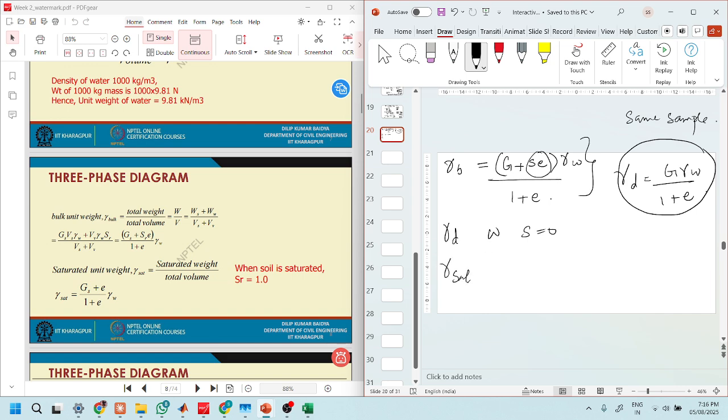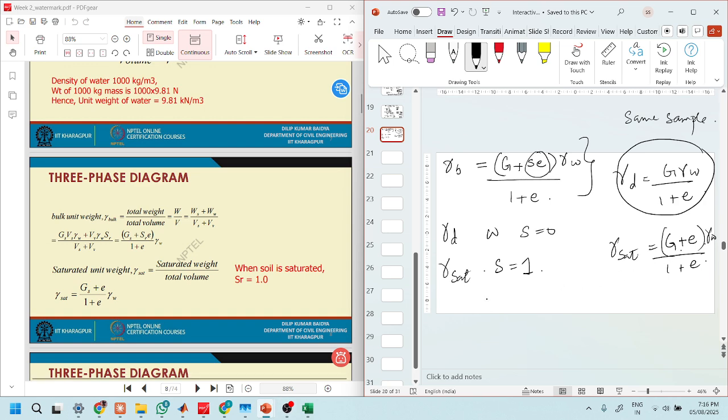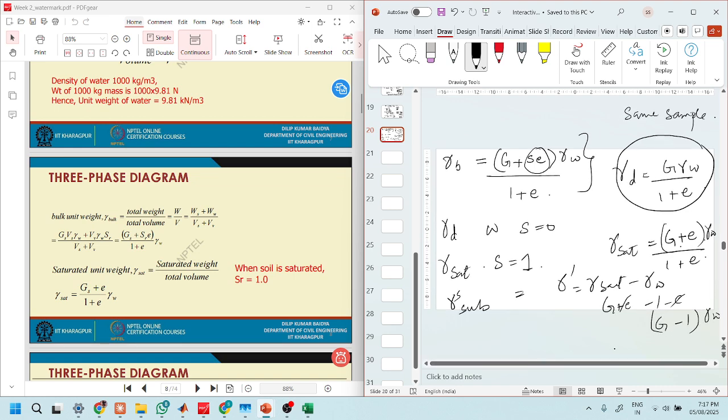And for gamma saturated, your S will be 1. So your gamma saturated will become G plus e over 1 plus e times gamma W. Isn't it? And for submerged, you know that gamma submerged is gamma saturated minus the force of buoyancy, which is gamma W. So it will be G plus e minus 1 times gamma W over 1 plus e.